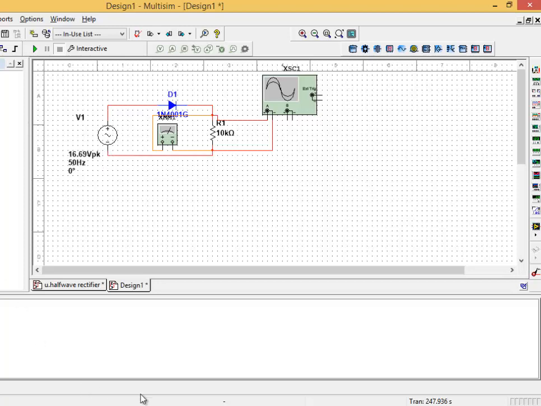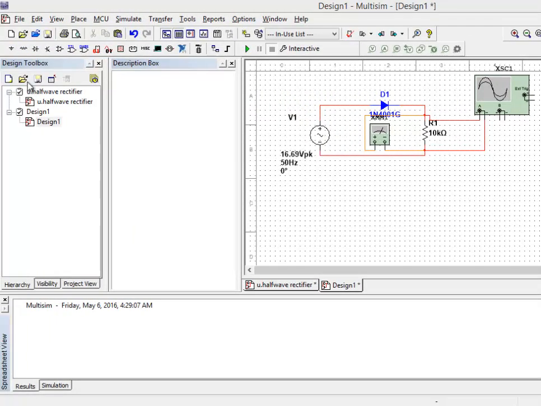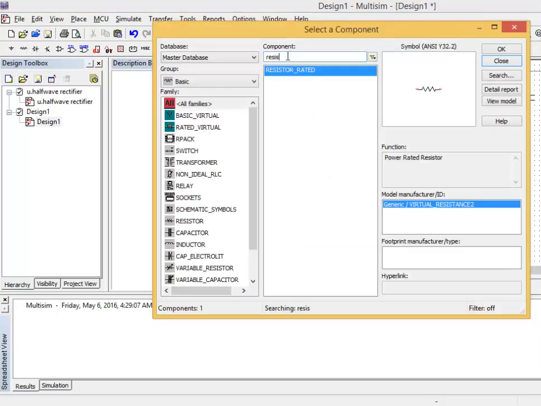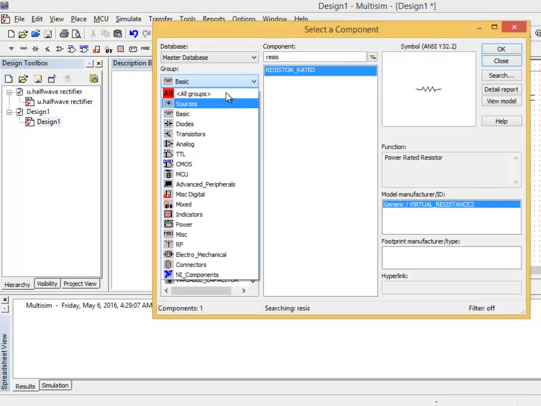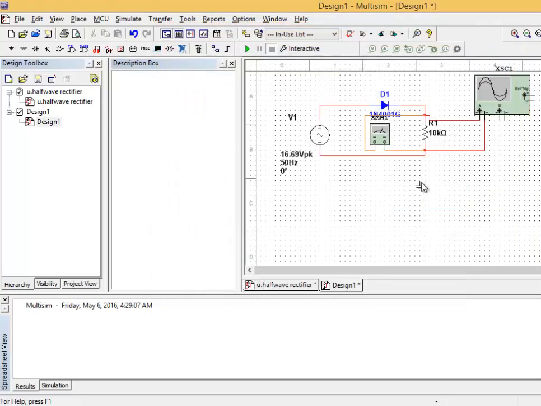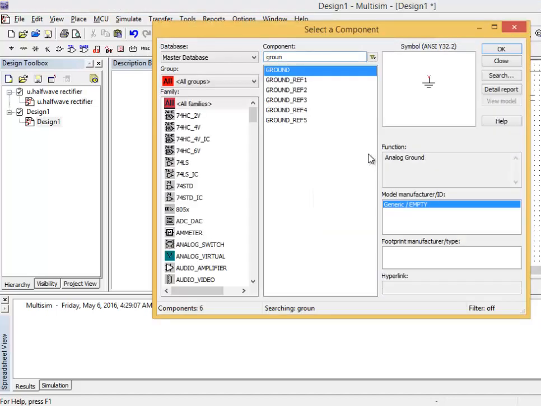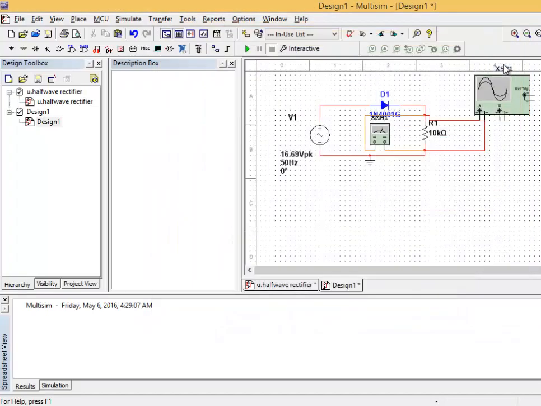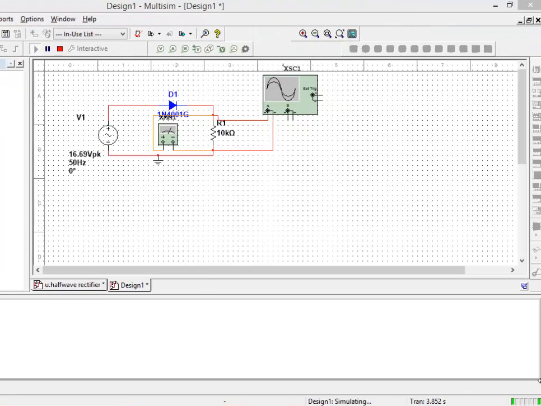Let's pick up a ground and connect it right here. Now as our circuit is connected, it should work properly. Yes, it is working properly, as the green lines running here indicate.